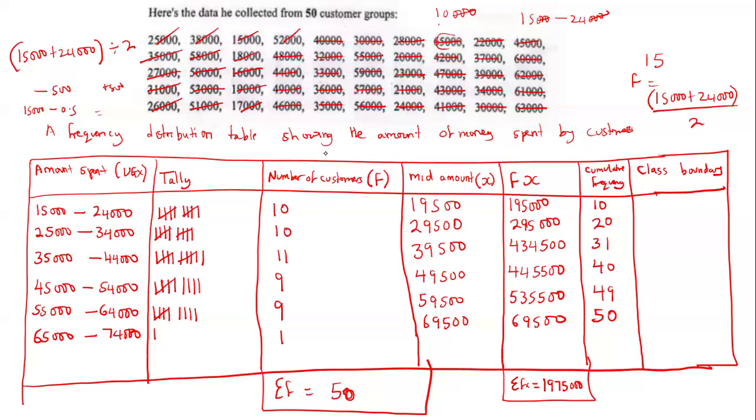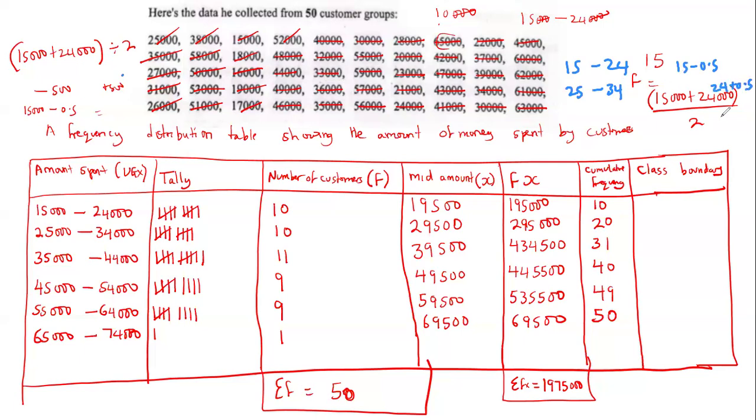Very good. So, Patricia, not really. What you do, like I've told you, first cover up the thousands. First say 15 to 24, 25 to 34. Then know that here you subtract 0.5. Say 15 minus 0.5, 24 plus 0.5.